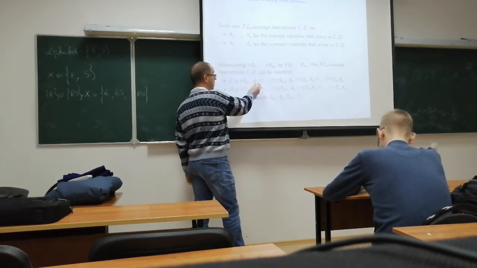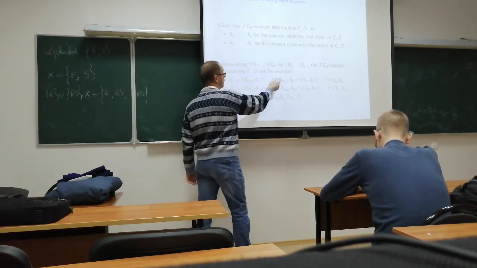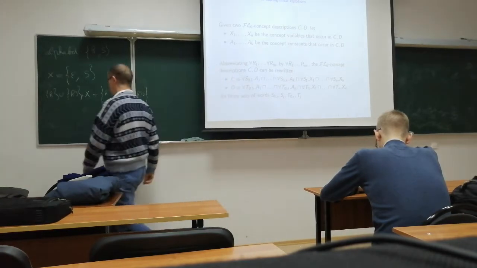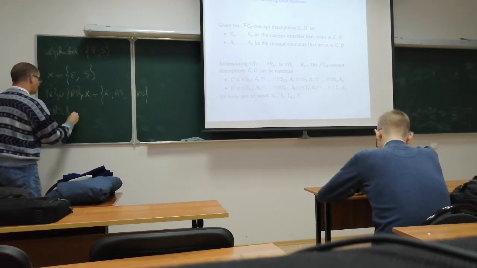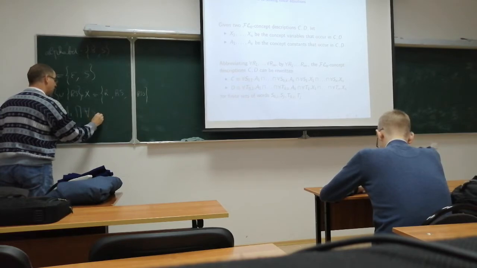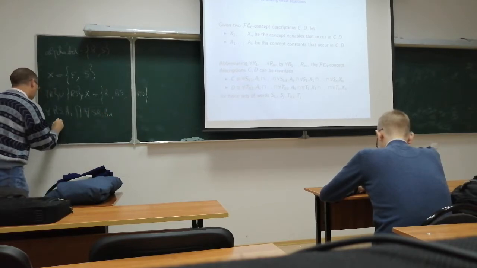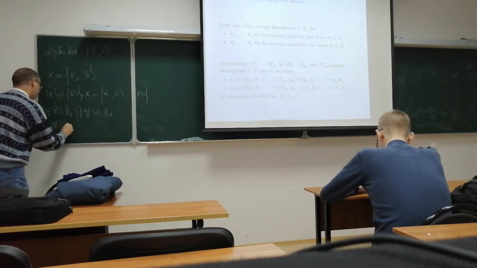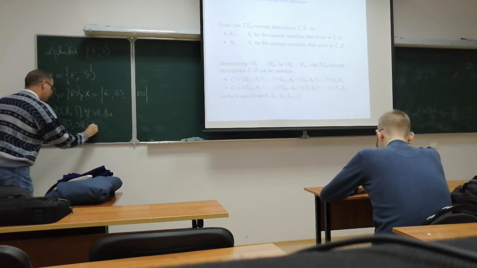A1 is preceded by some set of things like this, because if we have, for example, for all RS A1 intersection for all SR A1, we will represent it like this: for all RS, SR A1.